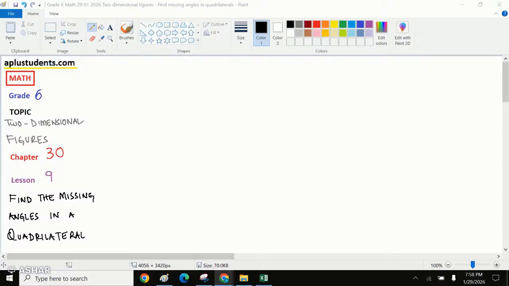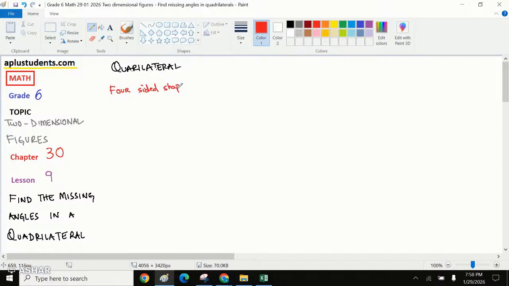Okay, we know that a quadrilateral has how many sides? Can anyone tell me? How many sides does a quadrilateral have? Yes, a quadrilateral is a four-sided shape.